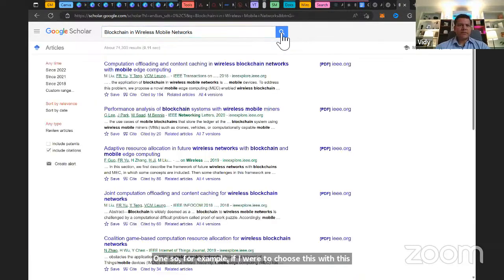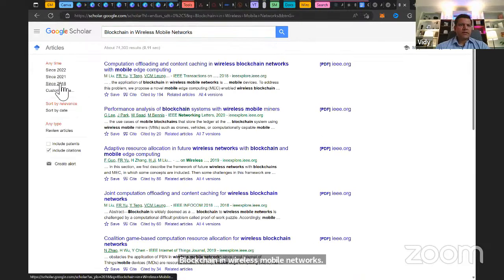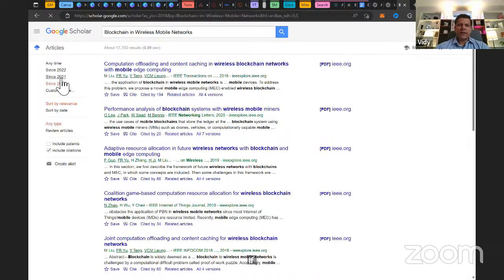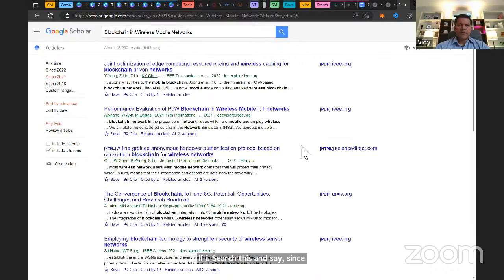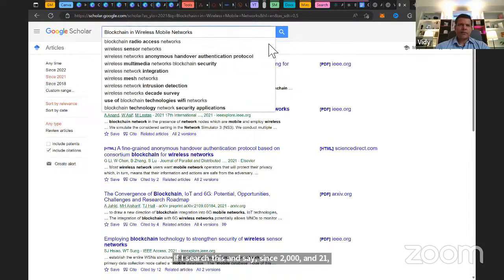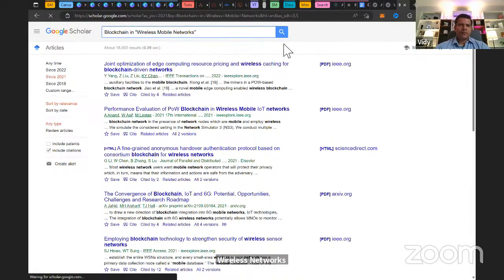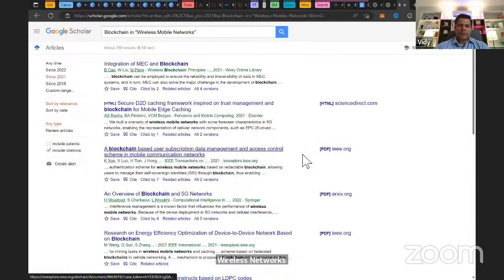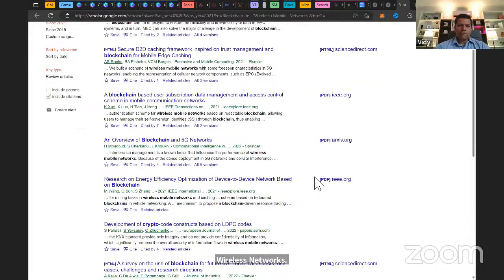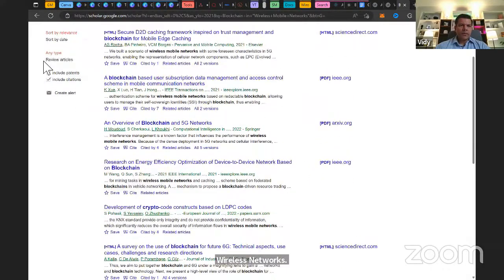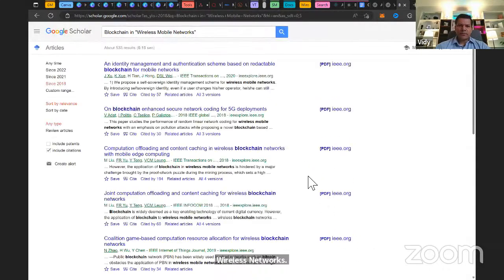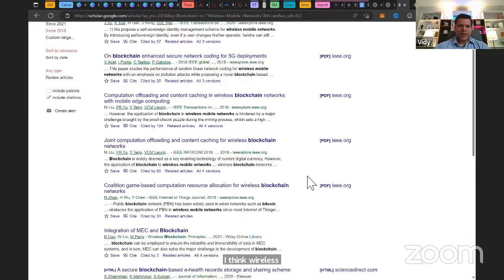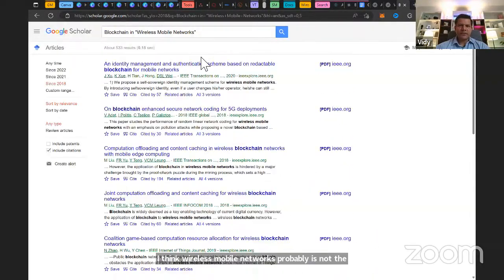If I search this and say since 2021, wireless networks, I think wireless mobile networks probably is not the term that is used. I guess maybe it is 5G, 6G.